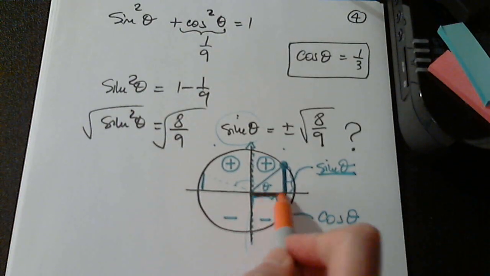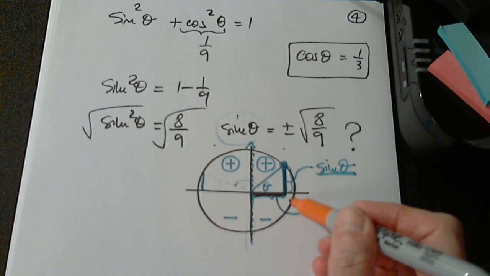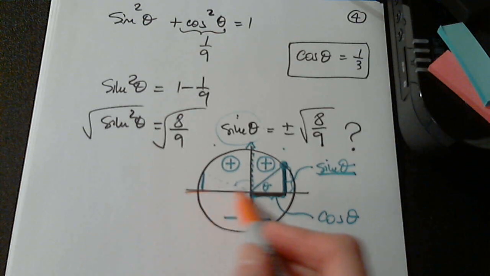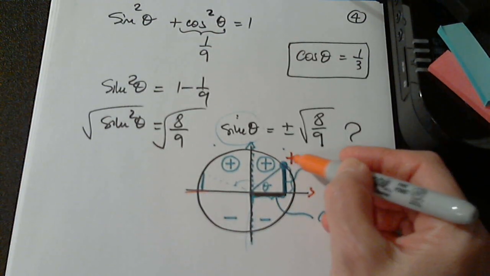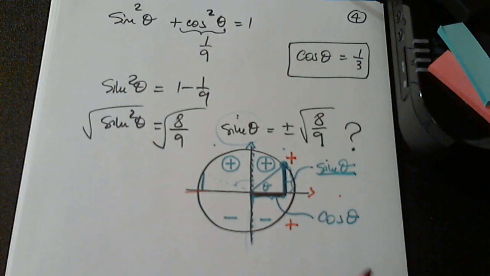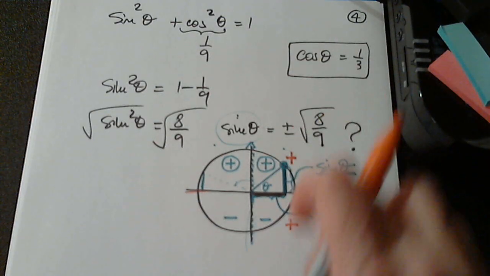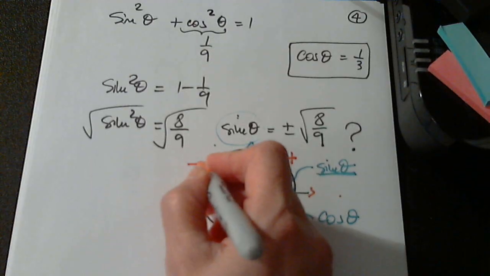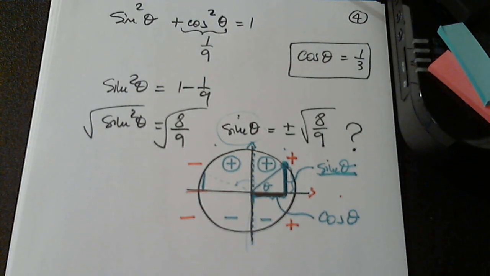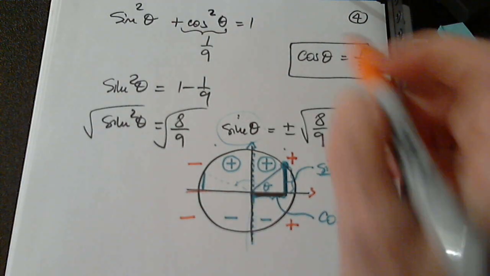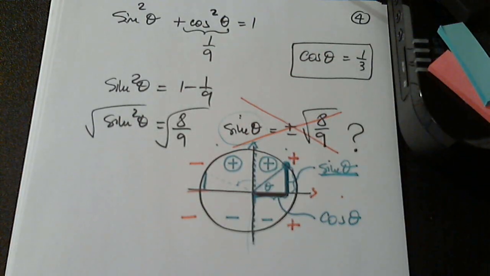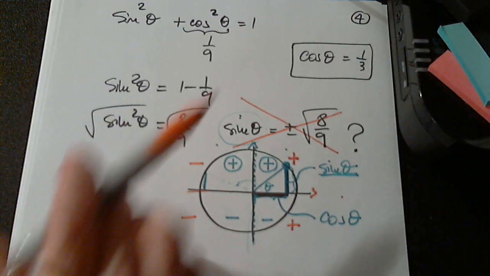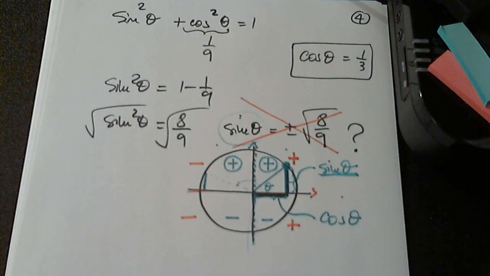Cosine is this piece. But cosine being measured on the x-axis is always positive in the first and the second. I'm sorry, first and fourth. But it's negative in the second and the third. So I cannot choose both. Everything is correct, but I cannot choose both because cosine is positive.